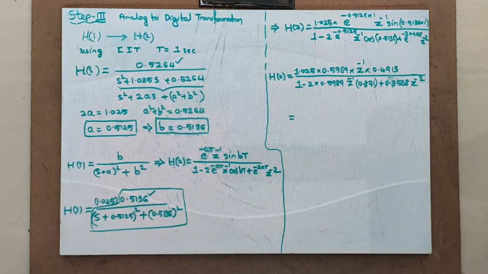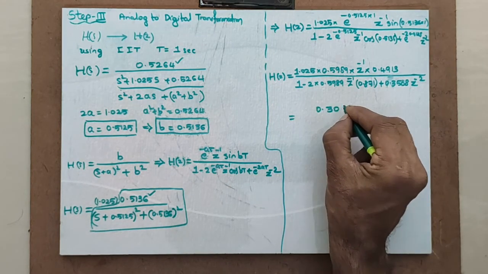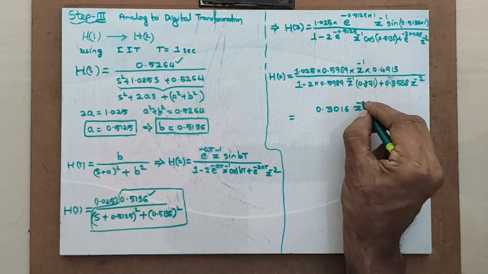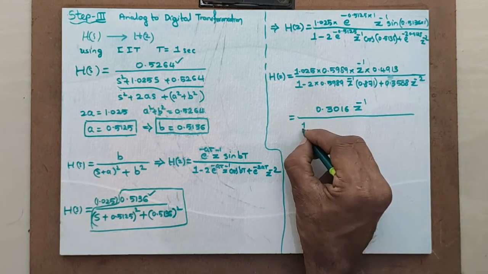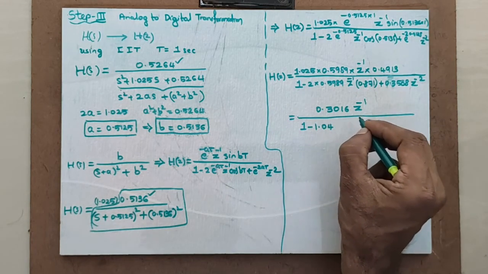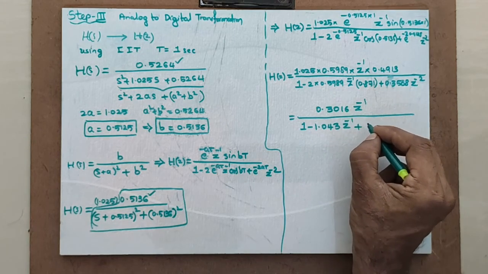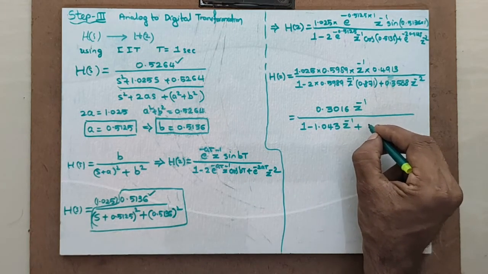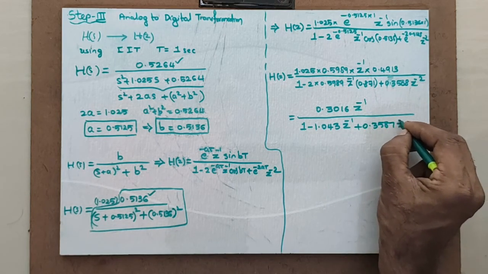Okay, you will get the answer as 0.3016 z raised to minus 1 whole divided by 1 minus 1.043 z raised to minus 1 plus 0.3587 z raised to minus 2.